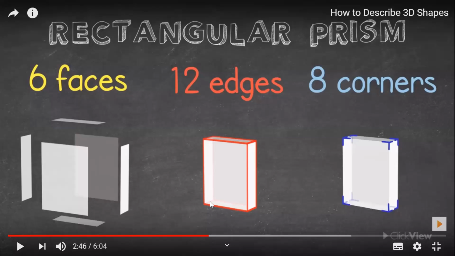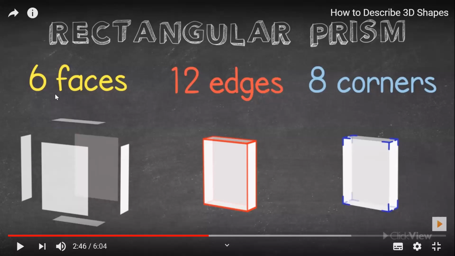It's the inside one. 10, 11, 12. The corners are those parts like you see. Let's count them. 1, 2, 3, 4, 5. Inside there is 6, 7, 8. So 8 corners.